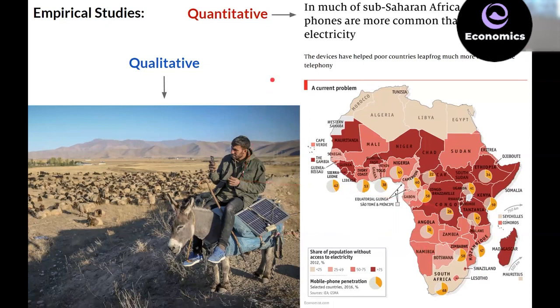So that's quantitative research. It uses numbers to tell us something about economic phenomena. Here it is more descriptive, in the sense that it describes the data, the phenomena.